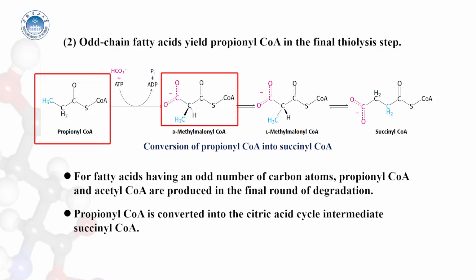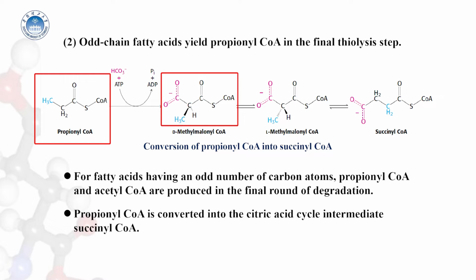Propionyl-CoA is carboxylated at the expense of the hydrolysis of a molecule of ATP to yield the D-isomer of methylmalonyl-CoA. This carboxylation reaction is catalyzed by propionyl-CoA carboxylase.